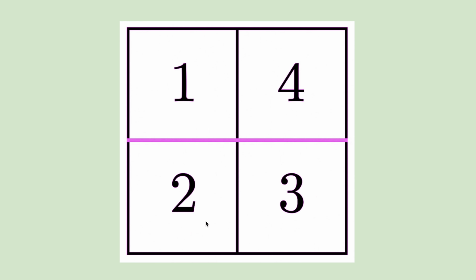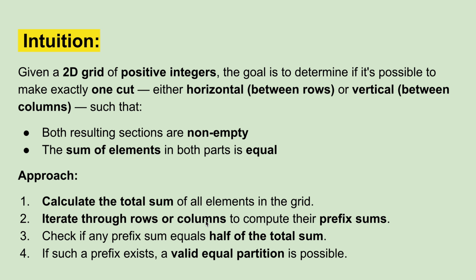So now let's understand the intuition. How do we approach this problem? We start by understanding one thing: if the total sum of the grid is odd, we can't split it evenly. So step 1 is to get the total sum.